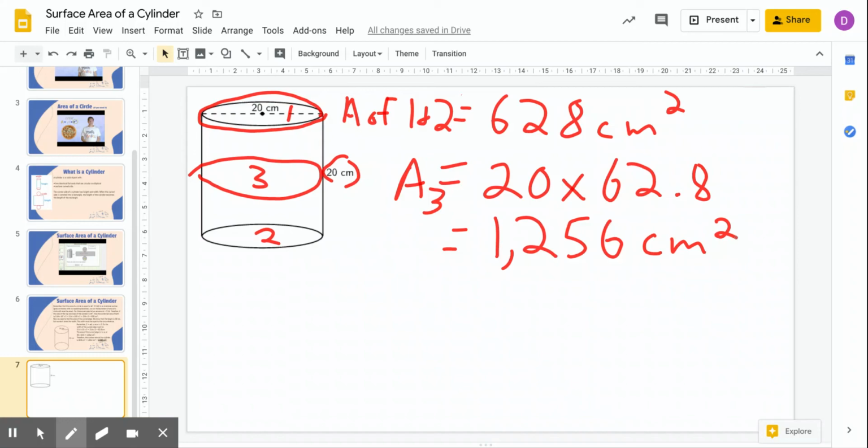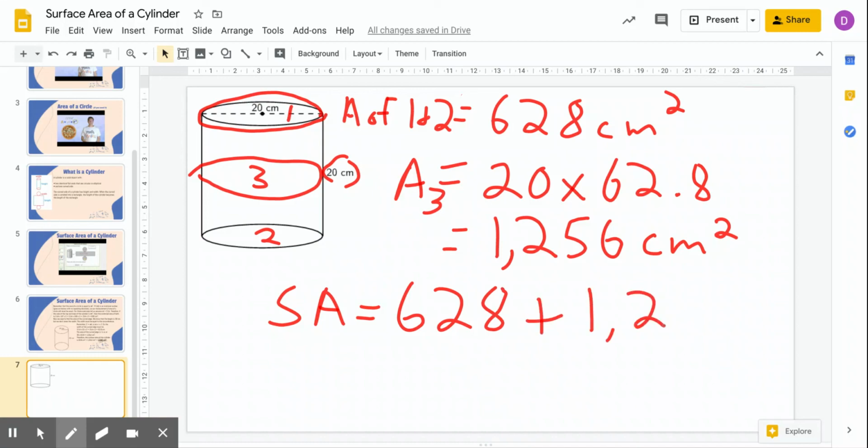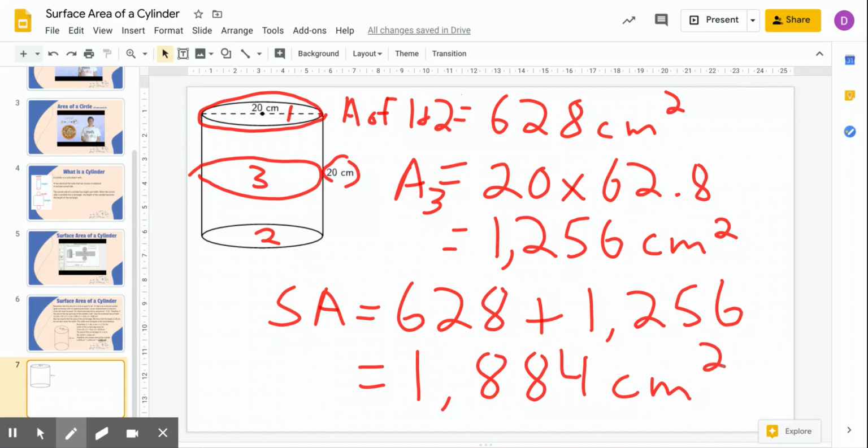Well, we know the area of the circles 1 and 2 combined is 628, and so the surface area of the whole shape is equal to 628, which is the area of our two circles, plus 1,256, okay, which is equal to 1,884 centimeters squared. Okay, so that's how we find the surface area of that cylinder.